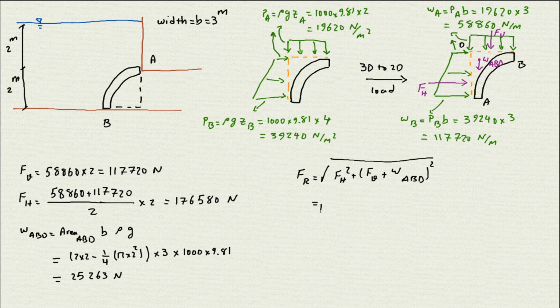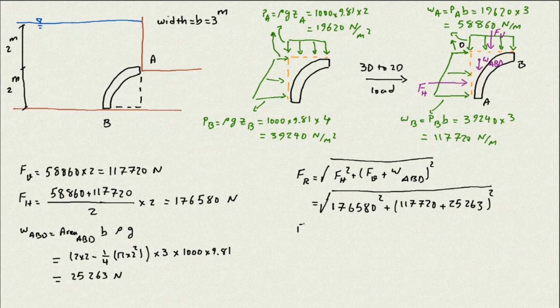So FH is 176,580 squared, plus FV, which is 117,720 plus 25,263, squared. This is the horizontal one, and this is all the vertical one together.